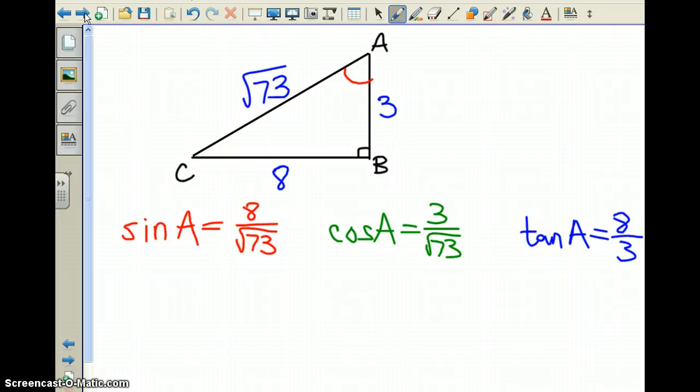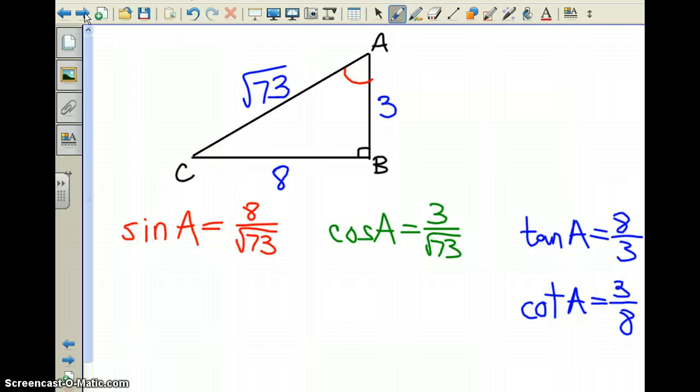Now let's go for our reciprocals. Let's start with cot. Cot from angle A, I can either do it as adjacent over opposite, which would be 3/8, or since I already know tan, I can just reciprocate 8/3 and make it 3/8.